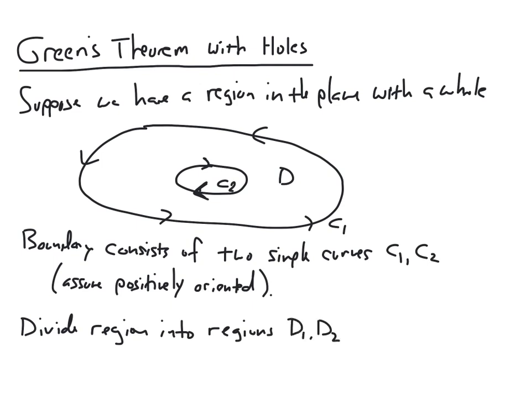The way that we're going to do this is as follows. I'm going to make two segments that go from the outer curve C1 to the inner curve C2. I'll draw this one here, and then I'll draw one over here. It doesn't really matter where they go. They just have to go from the outer curve to the inner curve, and they cannot intersect each other.